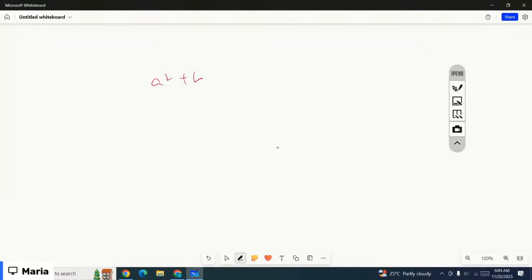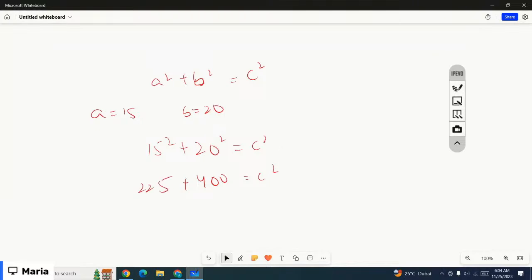a square plus b square equals c square, right? A is 15 and b is 20. So 15 square plus 20 square equals c square. So 20 square is 400, 15 square is, I think, 225. Just add and evaluate. So 400 plus 225, that is 625.